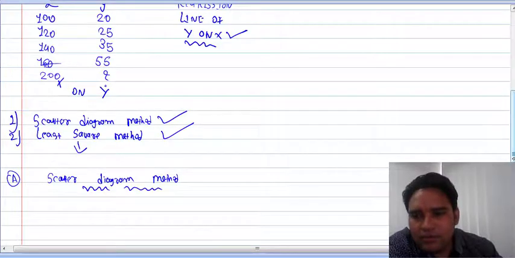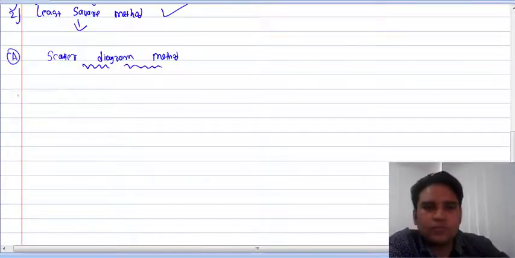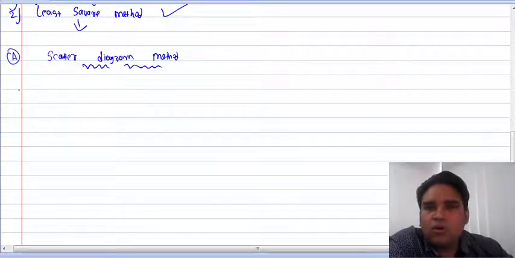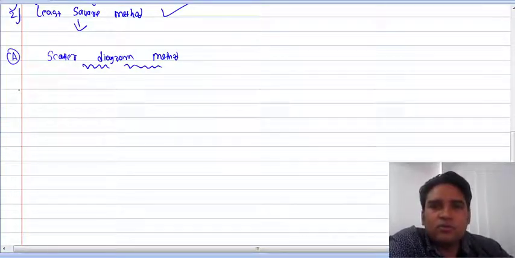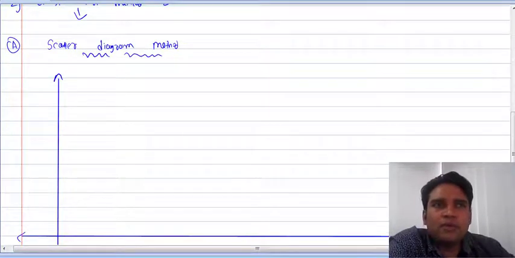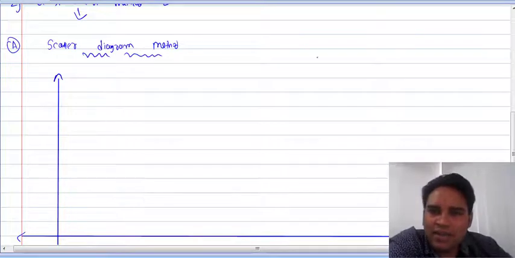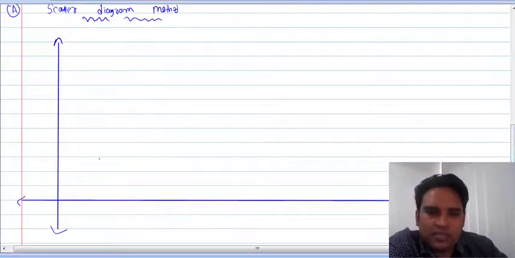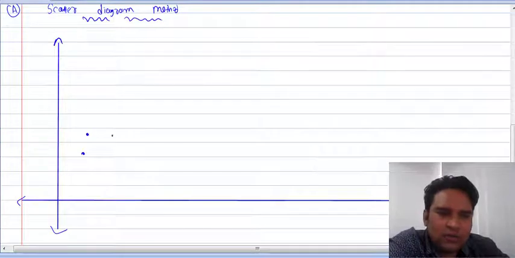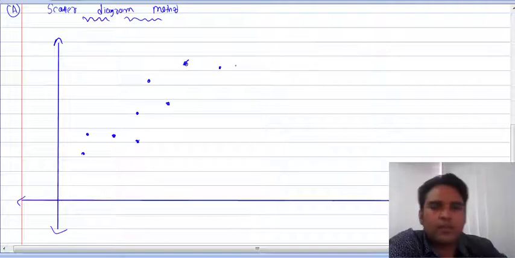In the scatter diagram method, as in correlation, we plot the values of X and Y variables on the diagram, and we get dots like this, right?